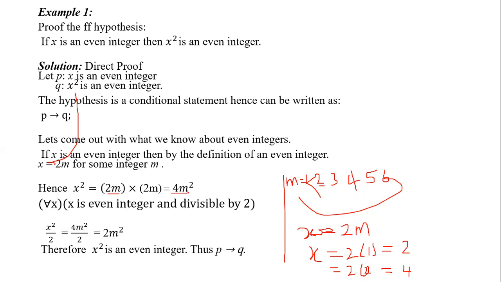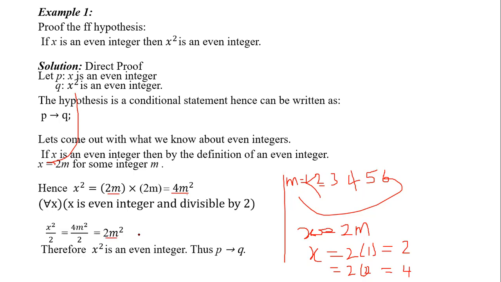Now, another definition of even integers is that they are always divisible by 2. So let's divide our 4m squared by 2 to see if we get a remainder. So x squared over 2 equals 4m squared over 2, which gives us 2m squared.